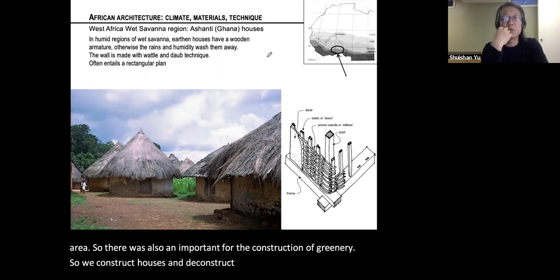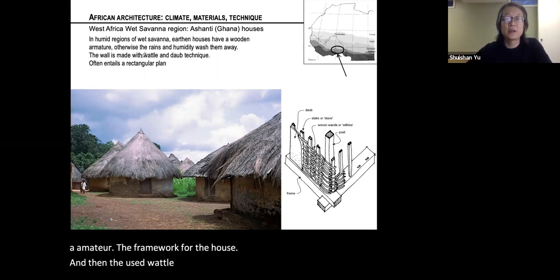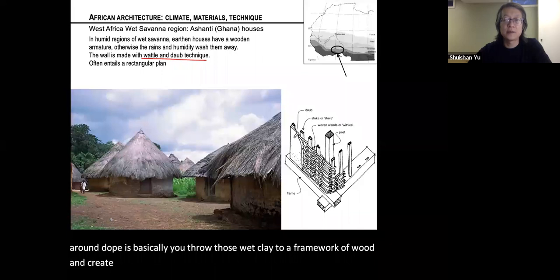They construct houses and they construct granaries. They use wood to create an armature, the framework for the house. And then they use the wattle and daub technique to create the wall. Wattle and daub is basically throwing wet clay onto a framework of wood to create those insulation layers.